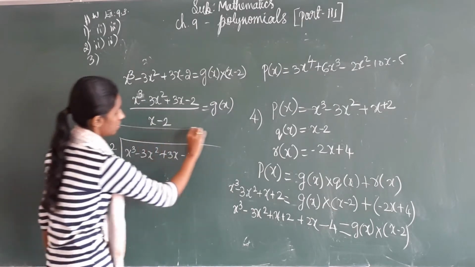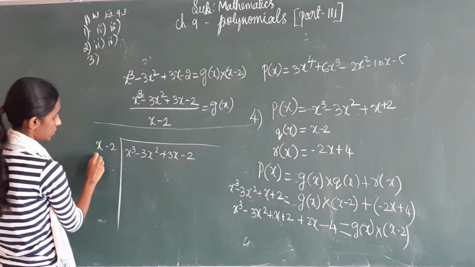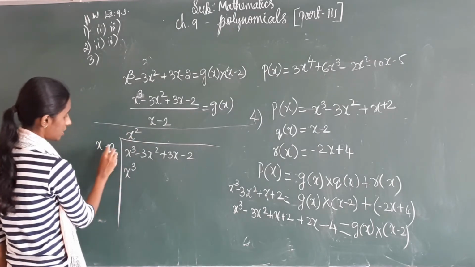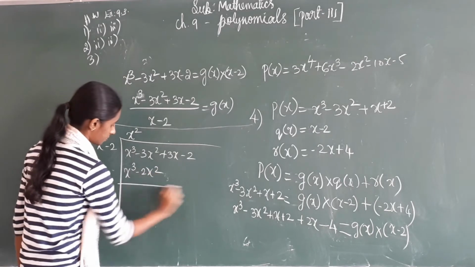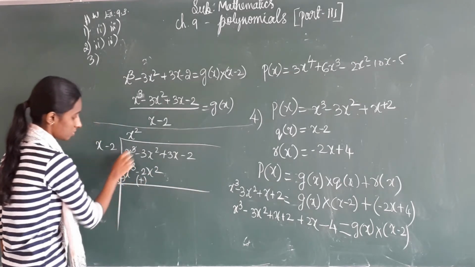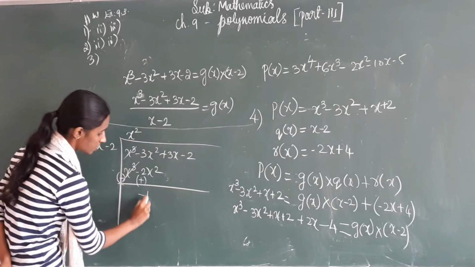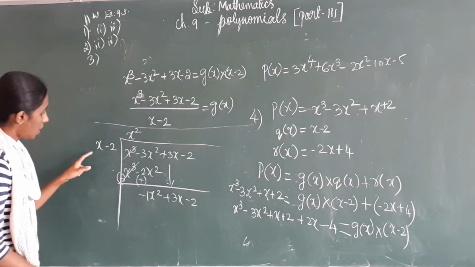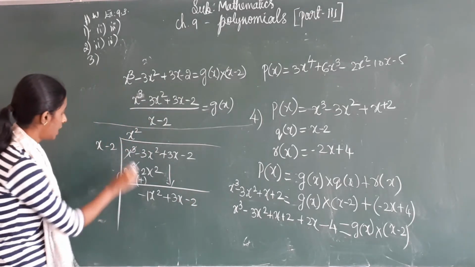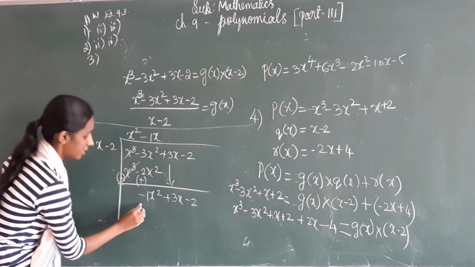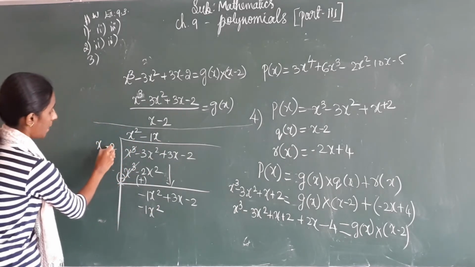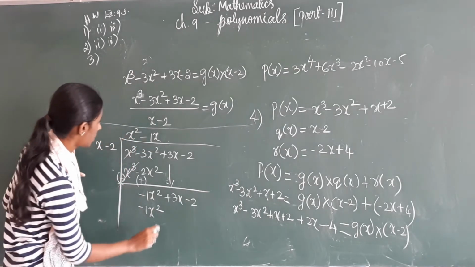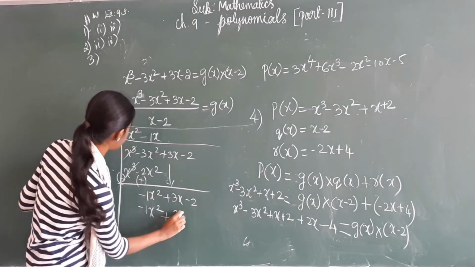If I do the division, it is x square, because x into x square is x cube. Minus 2 into x square is minus 2x square. It gets cancelled, minus 3 plus 2 is minus 1x square, so plus 3x minus 2. Now x into how much will give you minus x square? x into minus x is minus x square. Then minus 2 into minus x is plus 2x.